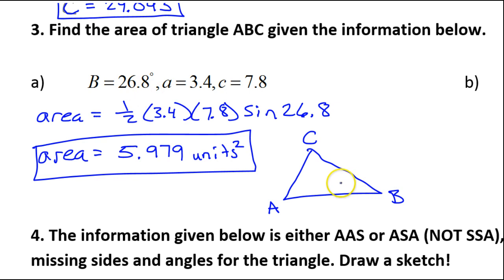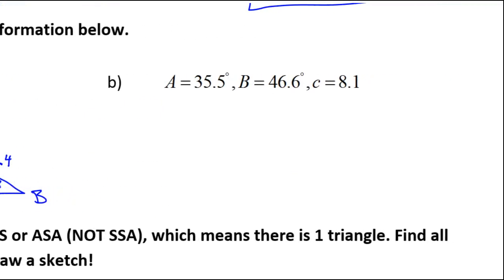That would make this the 26.8. Of course, side A is across from angle A, so the 3.4 would have been here. Side C would be across from angle C, so the 7.8 would be here. And notice, as I mentioned before, I have two sides and the included angle, the angle in the middle. All right.